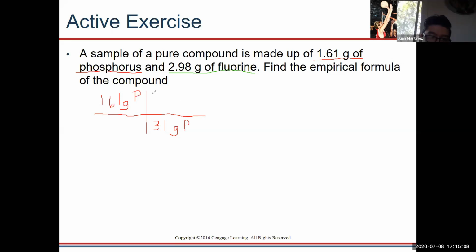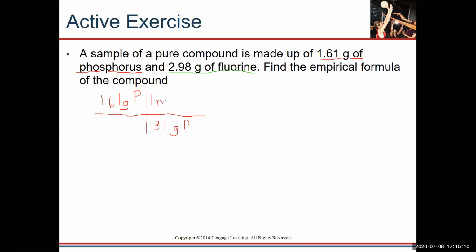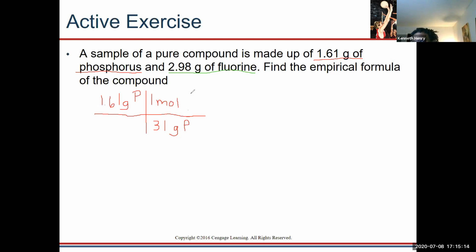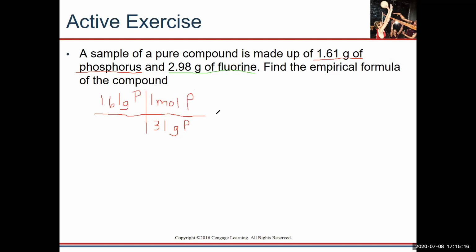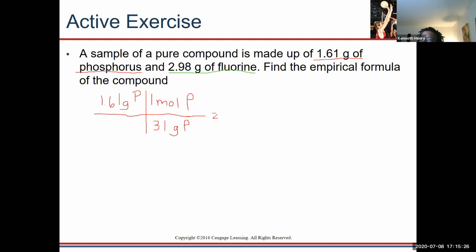Yeah, because we want to change it into moles, right? I thought it was 6.02 times 100, but that doesn't apply to this. Okay, so now I have the number of moles of phosphorus.